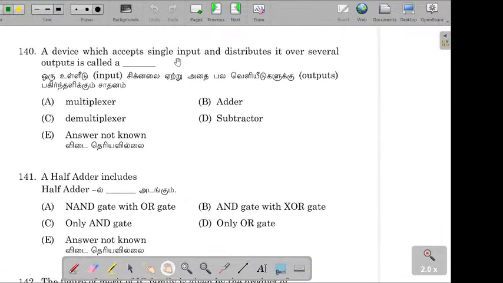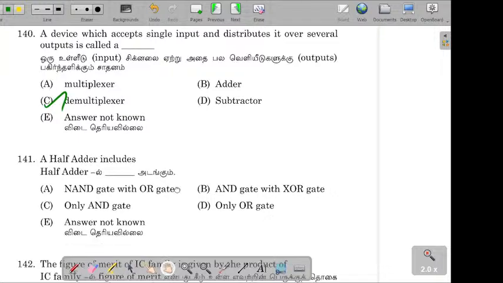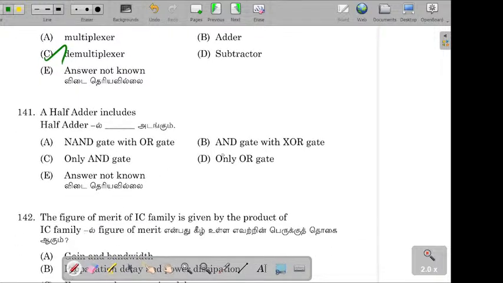A device which accepts single input and distributes it over several outputs is called demultiplexer. A half adder includes AND gate with XOR gate.